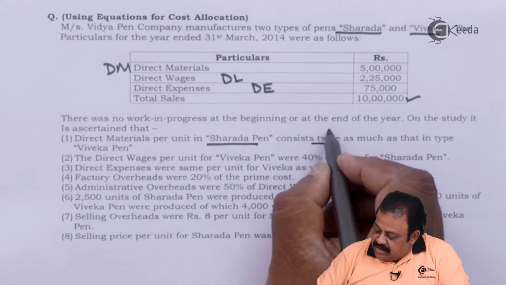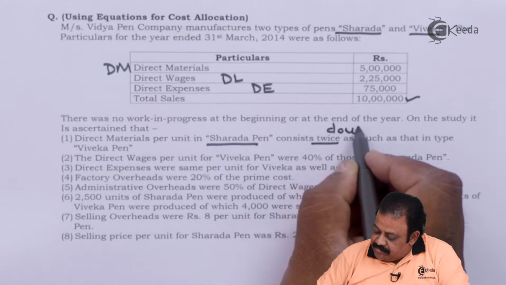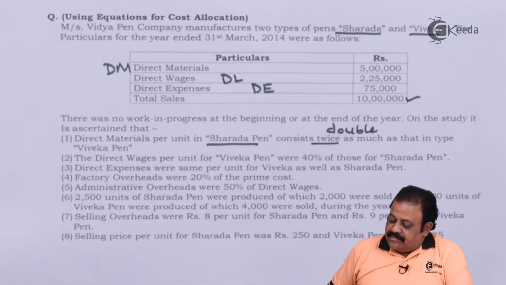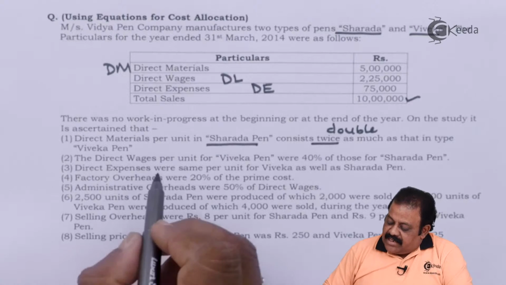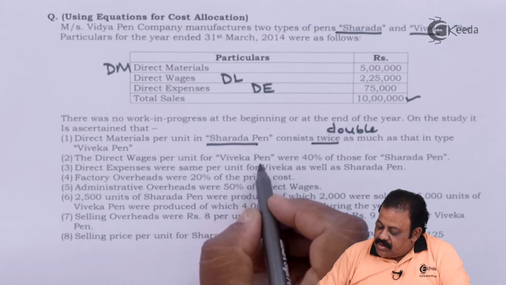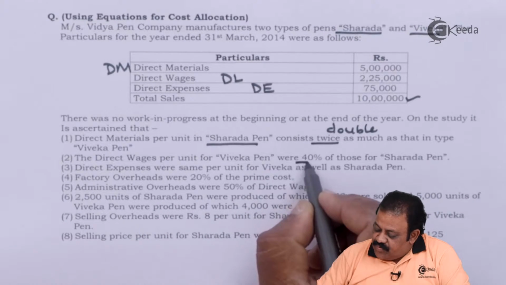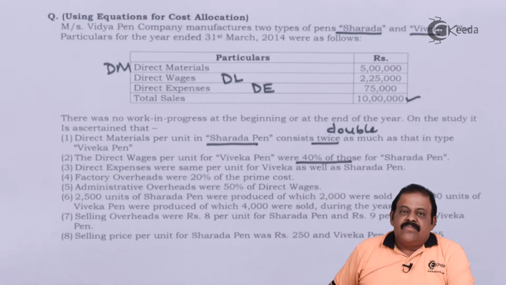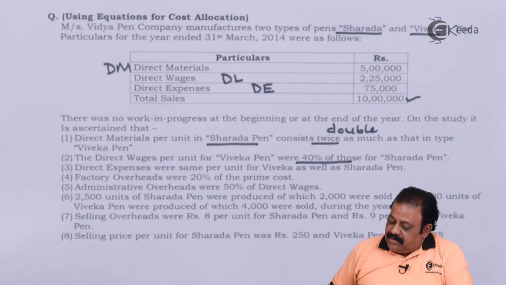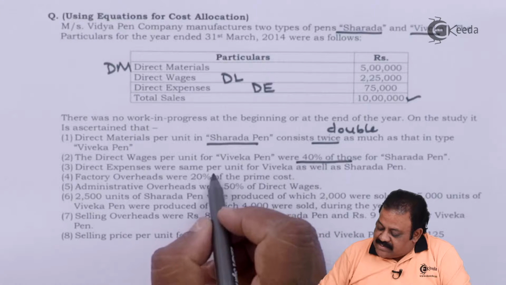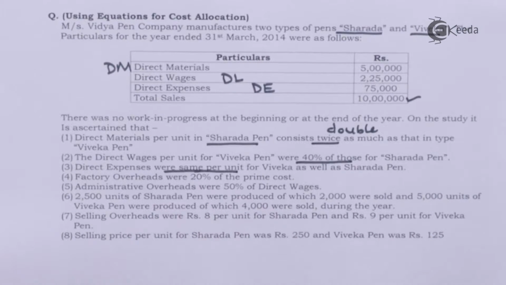Twice means here double. The direct wages per unit of Viveka Pen was 40% of that of Sharda Pen. Direct expenses were same per unit for both the pens.